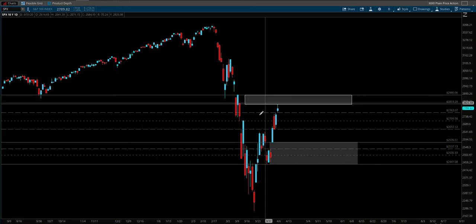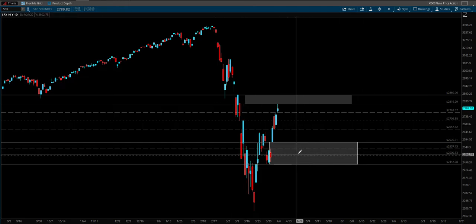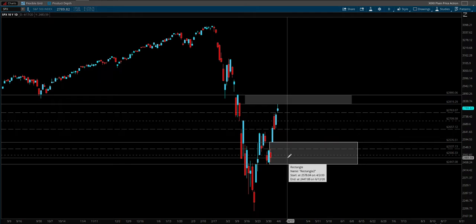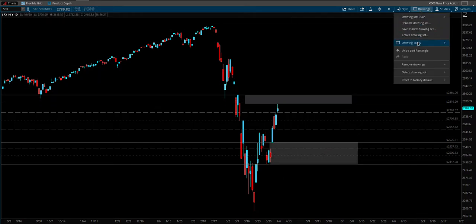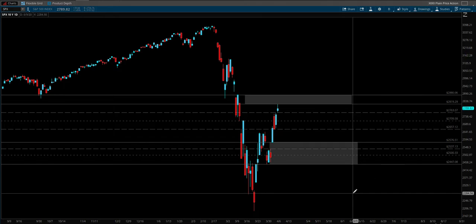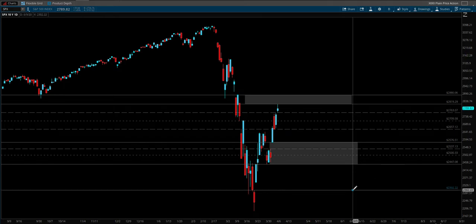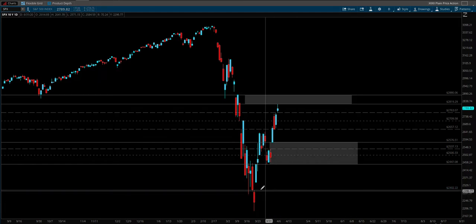So for instance here, you can see we have these two zones, right? This is support, this is resistance, and just to make it a little clearer, we have weekly support down here. And you can see this is support because we had a couple of touches here, right? And it held.